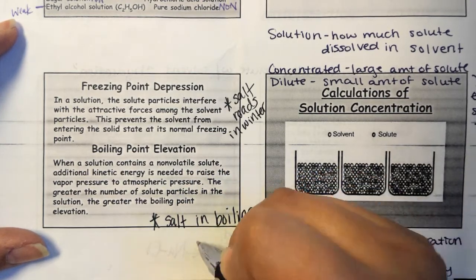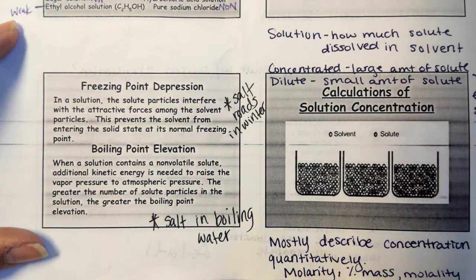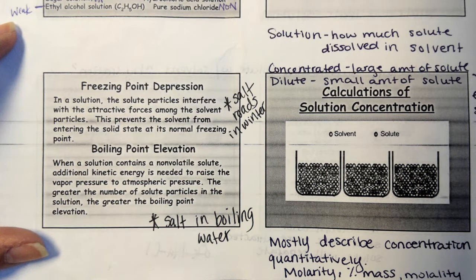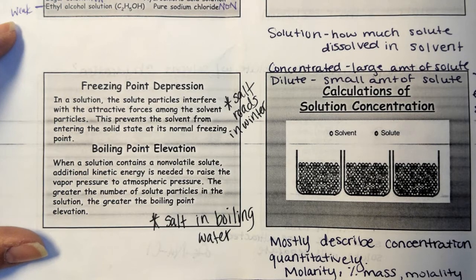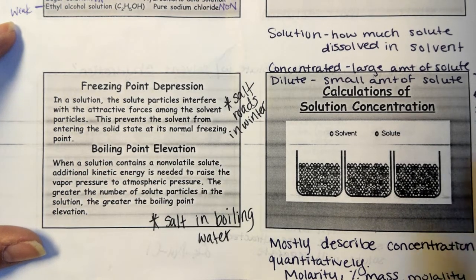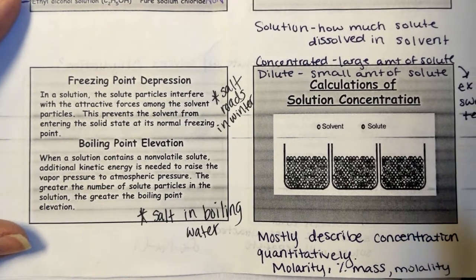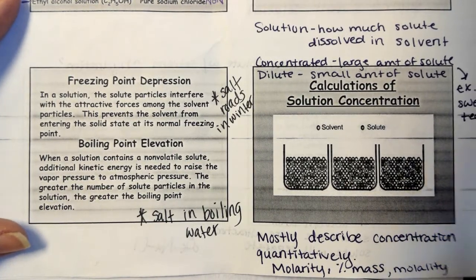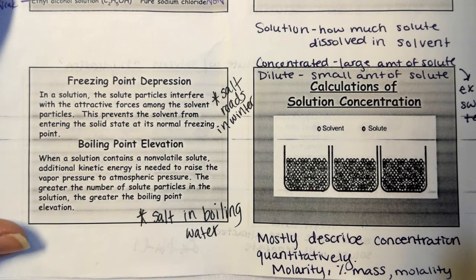When you cook spaghetti, you usually add salt to the water, and it increases the boiling point temperature. So we're cooking the noodles at a higher temperature, which decreases the time it takes to cook them. That is boiling point elevation: we're raising the boiling point by adding solute to it.